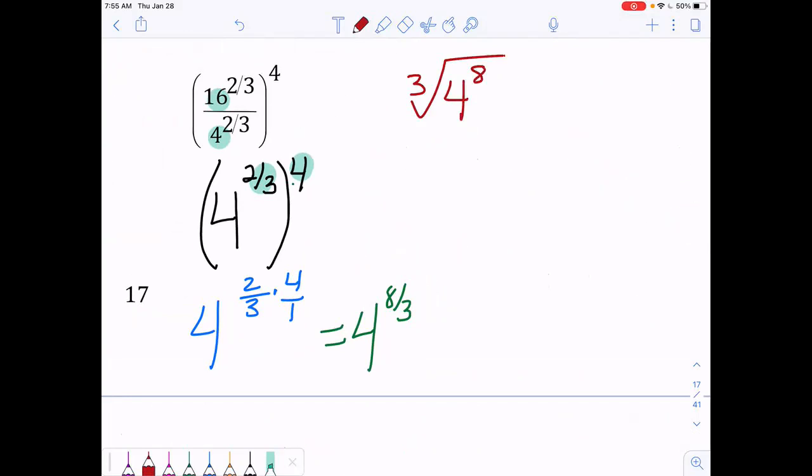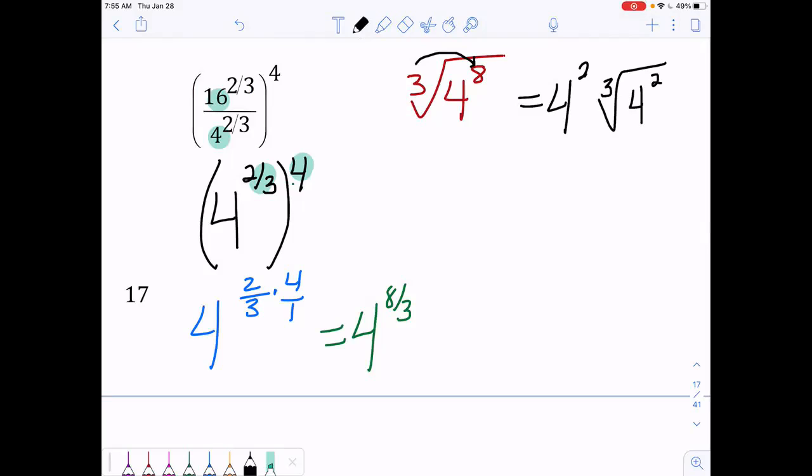Our goal is to completely simplify these. So once you're done with it as an exponent, to simplify it, we need to flip it around. The question that you ask yourself, how many times does 3 go into 8? That number comes on the outside, and then whatever's remaining goes underneath. Ella, 3 goes into 8 twice, and then what remains underneath? 4 squared, yeah.